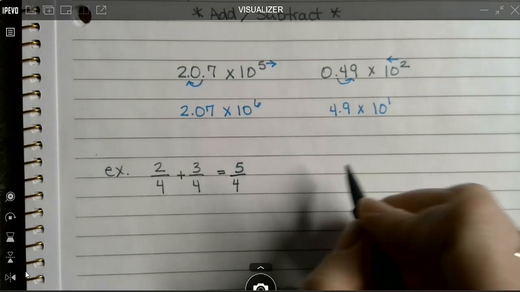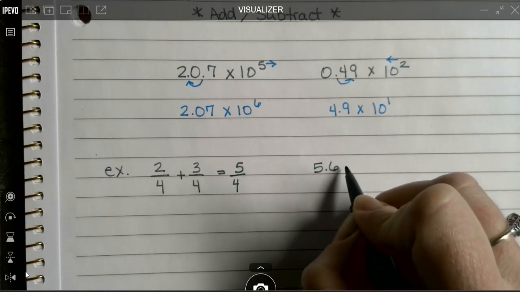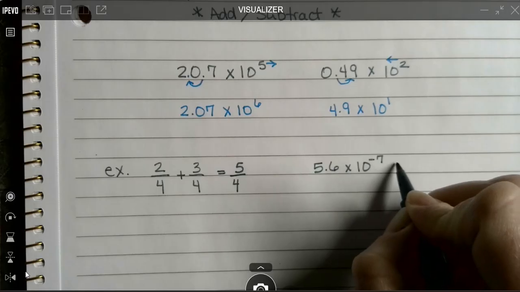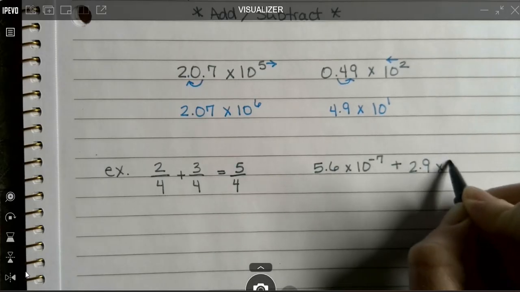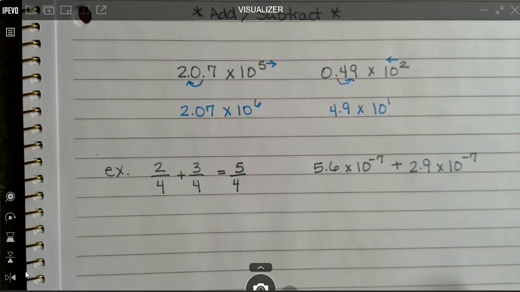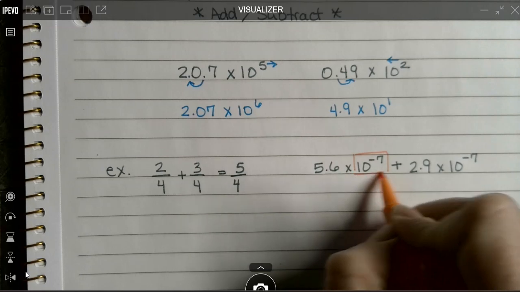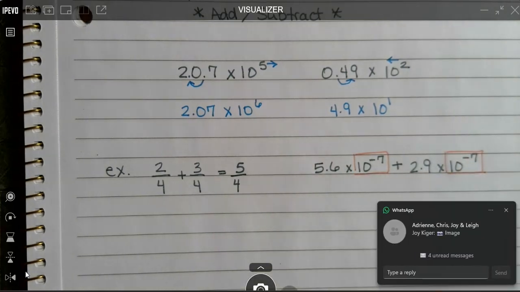So, for instance, if we have 5.6 times 10 to the negative 7th plus 2.9 times 10 to the negative 7th, these are in the same powers of 10. We have a 10 to the negative 7th, and we have a 10 to the negative 7th, which means they are speaking the same language.